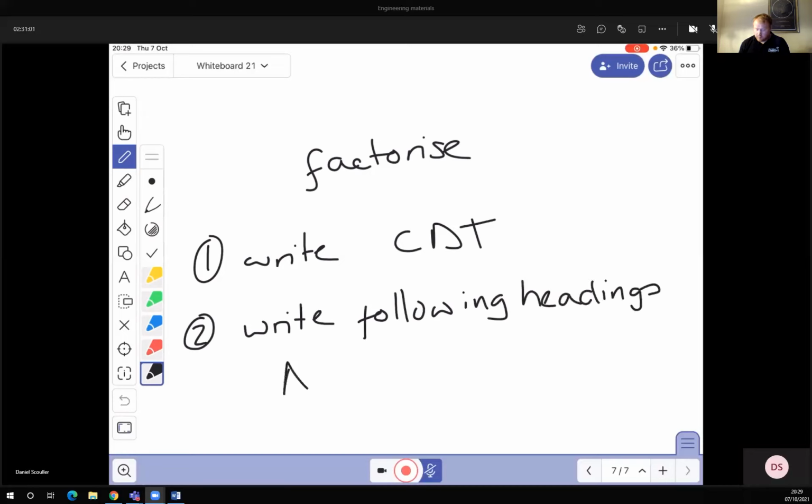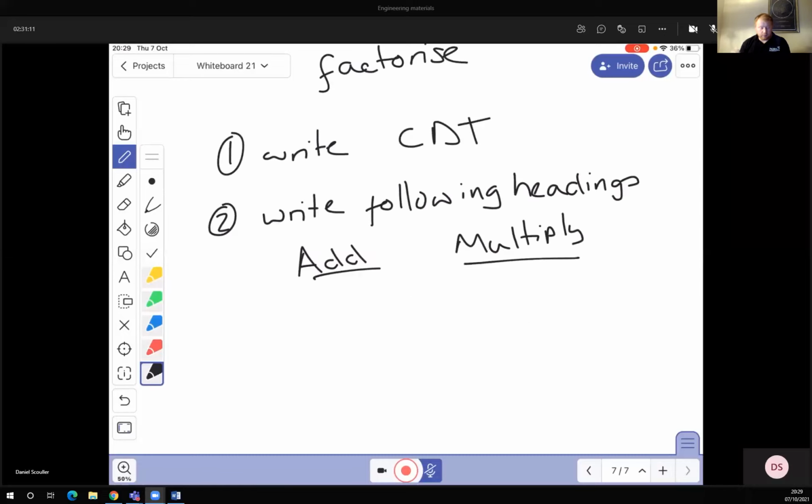We want to add, we want to multiply. Write down those headings. Under those headings we put the C term.